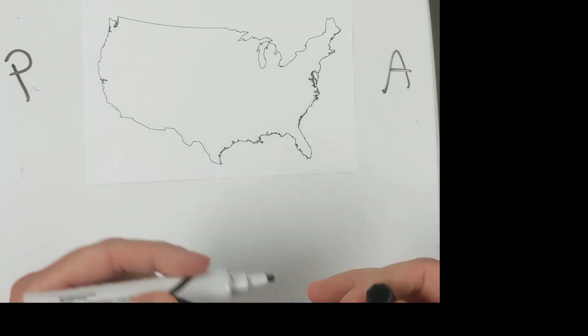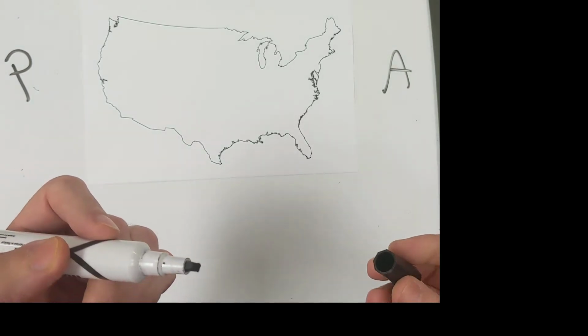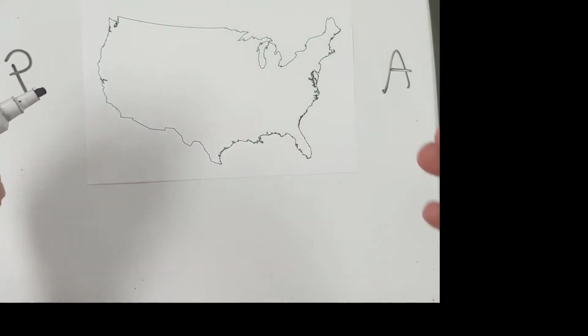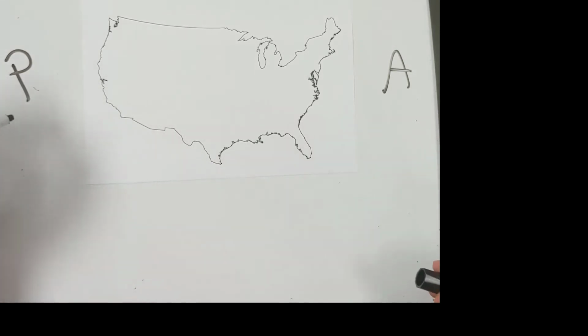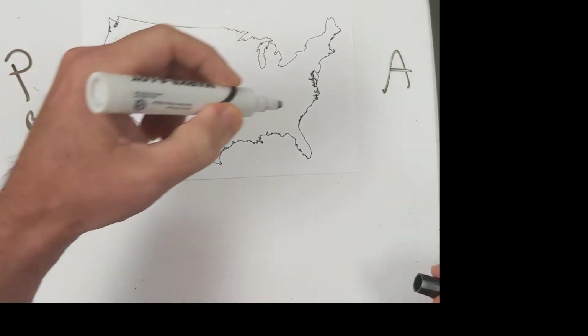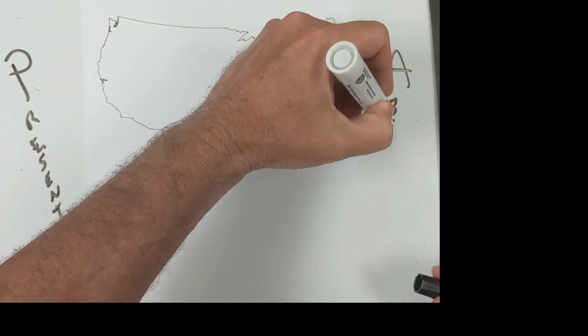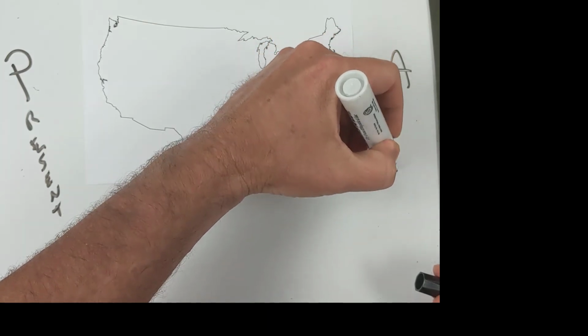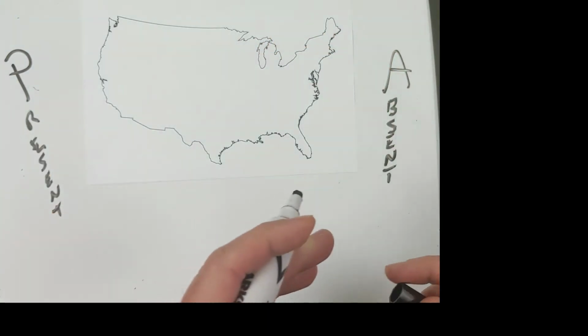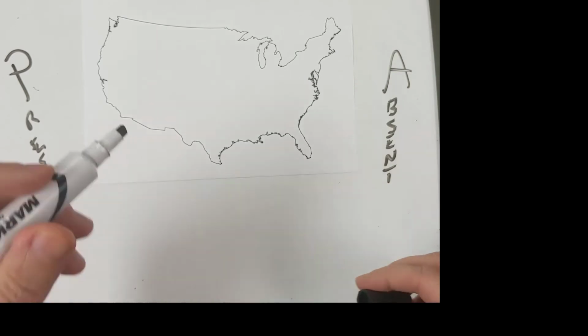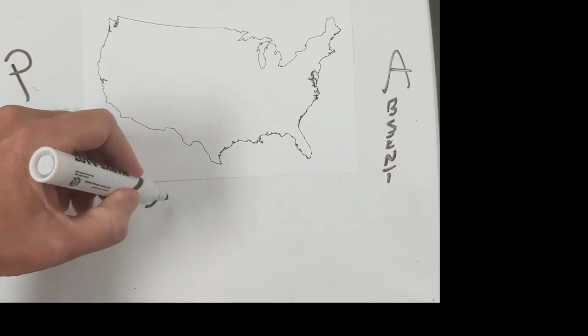So in terms of the significant figures rule, we're going to use the P and the A to mean something slightly different. P stands for present, and A stands for absent. And what that means specifically is the decimal point.